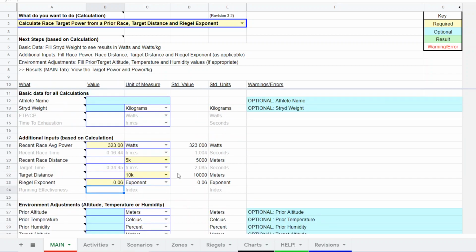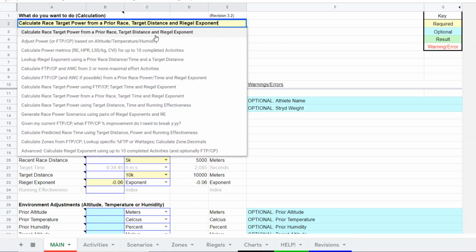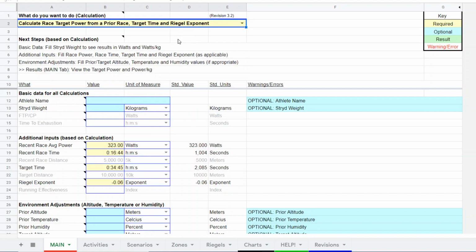Now, let's look at a different method. We're going to calculate race target power using a prior race and what the estimated time is. So we're going to change that. Now, what I did here is all I did is use the Macmillan table to figure out what a ballpark equivalent 10K time is to the 5K time.